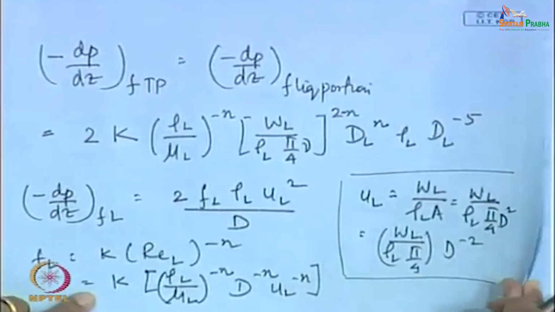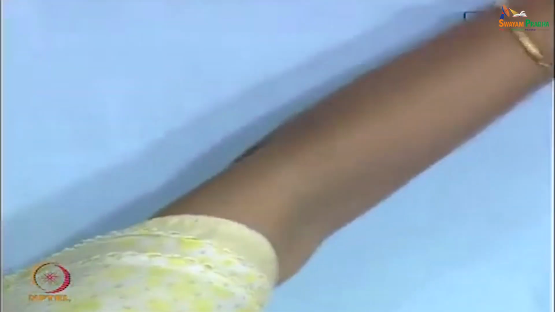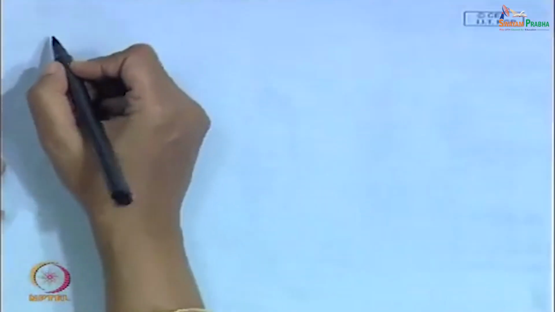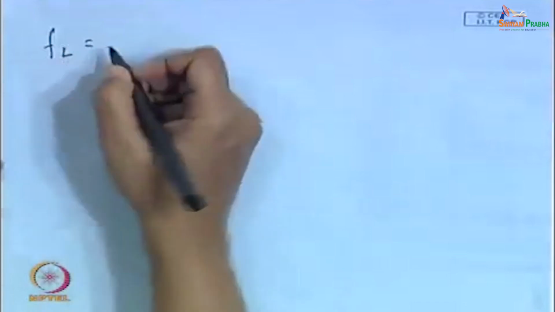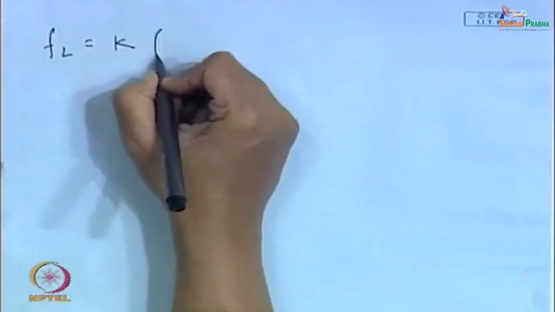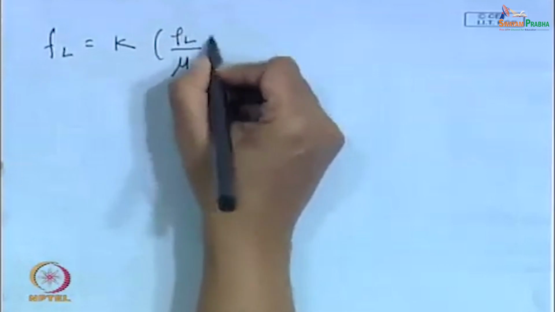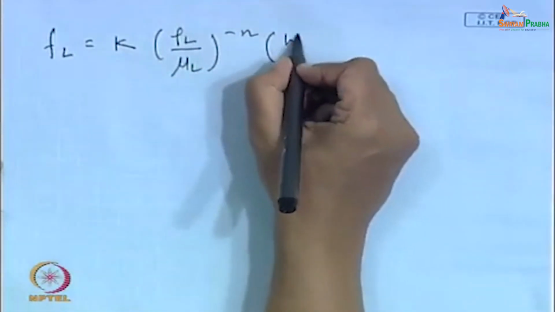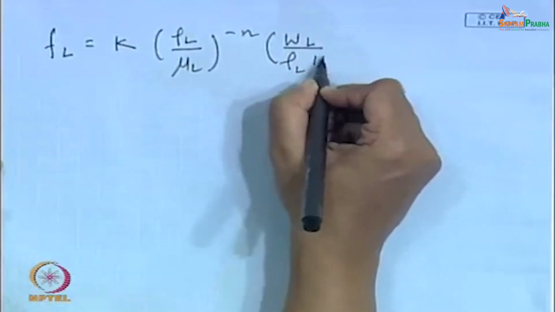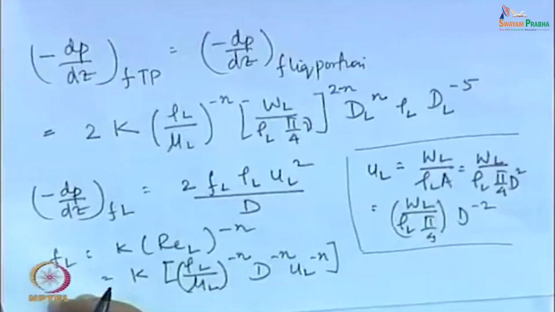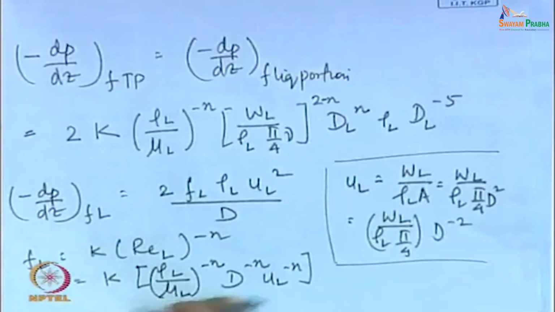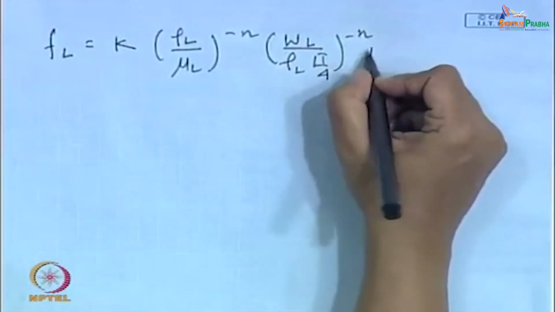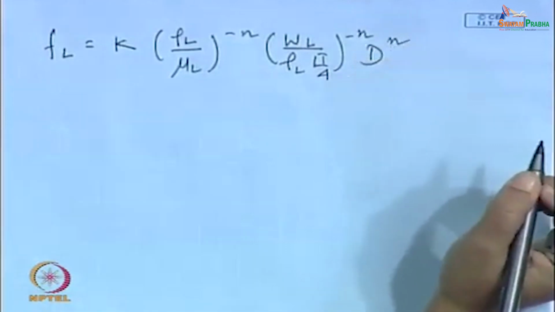Or this can be written as FL equals K, rho L by mu L whole to the power minus n. Instead of UL I write WL by rho L pi by 4 whole to the power minus n, then D squared to the power minus n, and there was a D to the power minus n. So, finally, it lands up as D to the power n.